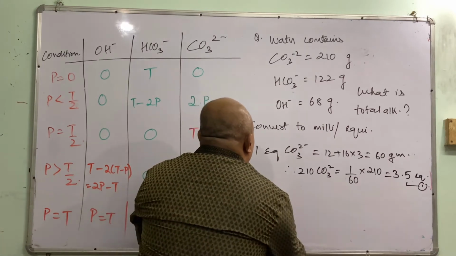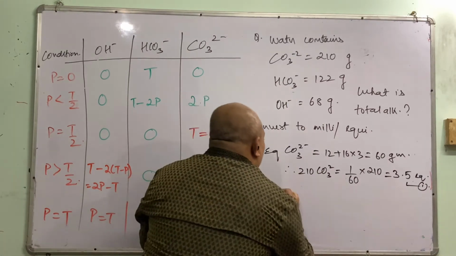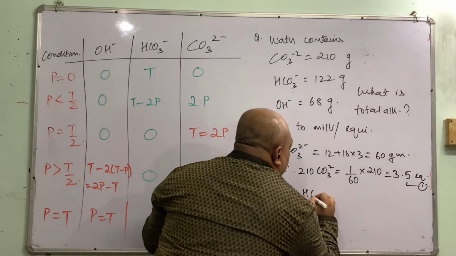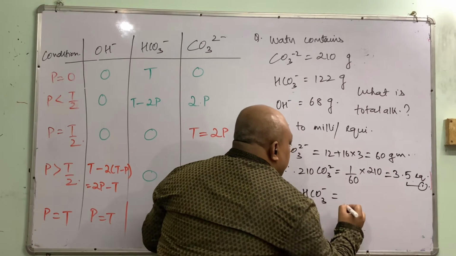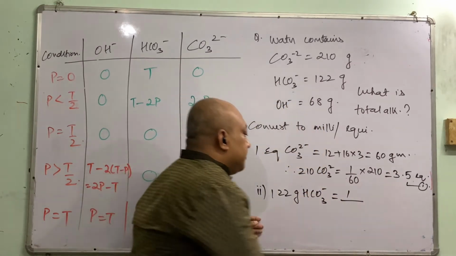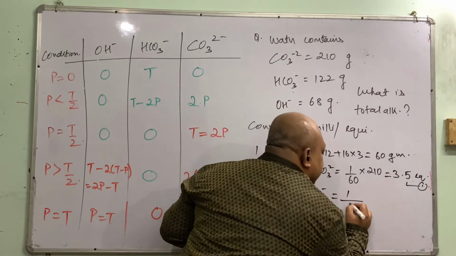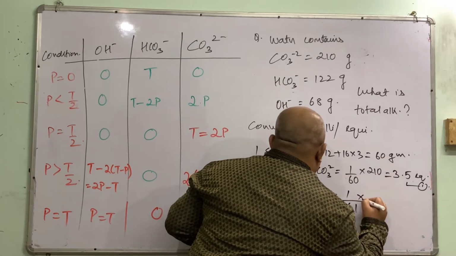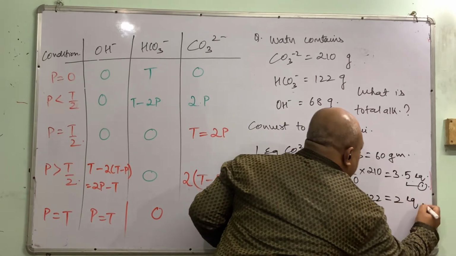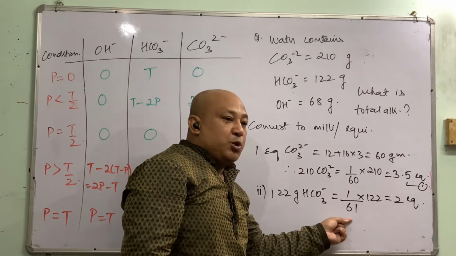Similarly, number 2, bicarbonate. 122 gram of bicarbonate is equal to 1 by 61 into 122, which is 2 equivalent. CO3 is already 60, plus hydrogen 1 is 61.